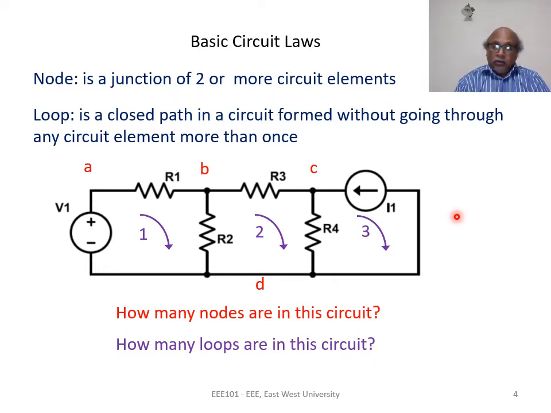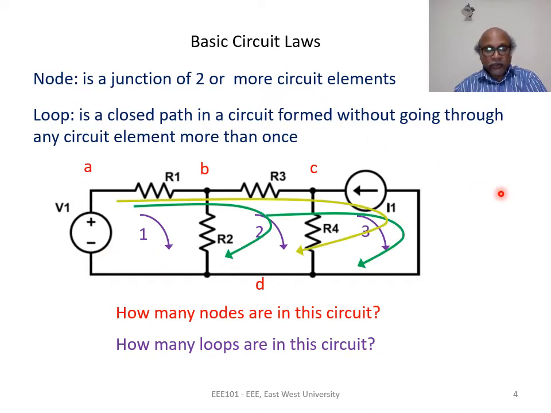Is there any other loop? Actually, there is one more. We can combine all these three loops together. A, B, C, go through the current source to D and return to A through the voltage source. This combination of three loops is another loop. So we can show these loops with these arrows.